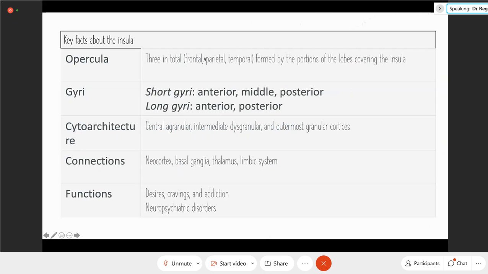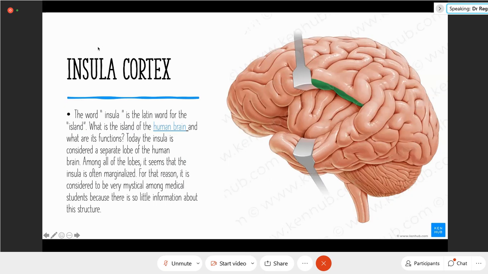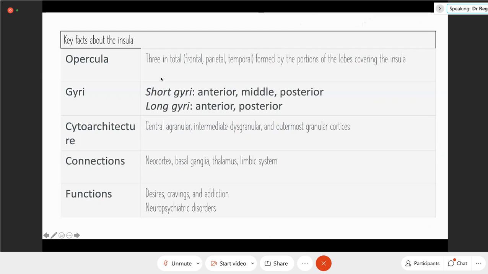It is surrounded by parts of other lobes, and these surrounding areas are known as opercula. So what are opercula? These areas that cover the island are known as opercula. Here, this is the temporal operculum, this is the frontal operculum, and this is the parietal operculum. So that's what they mean by there are three opercula.